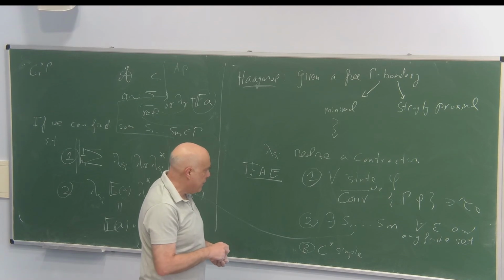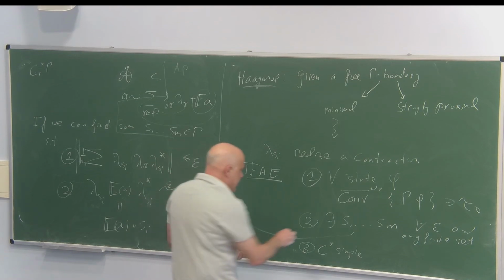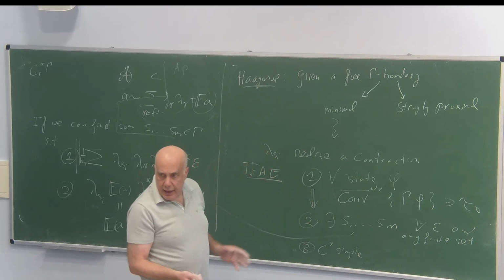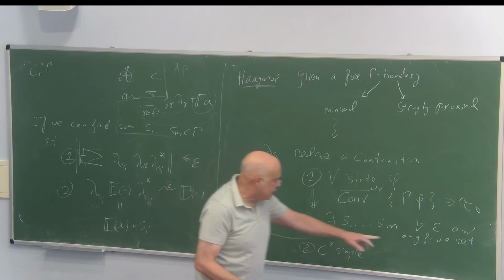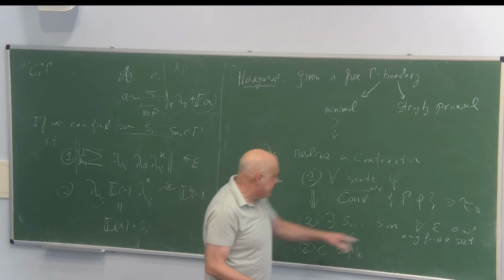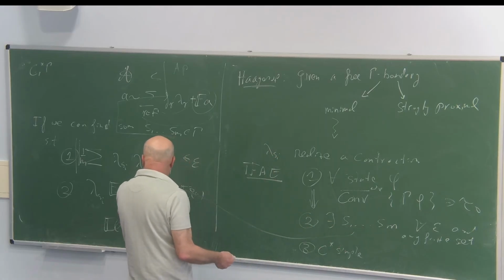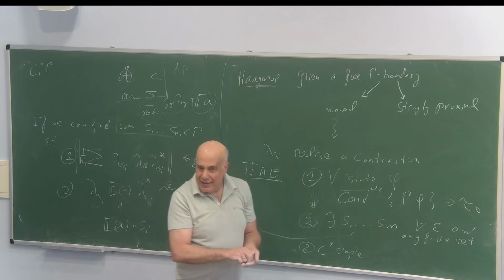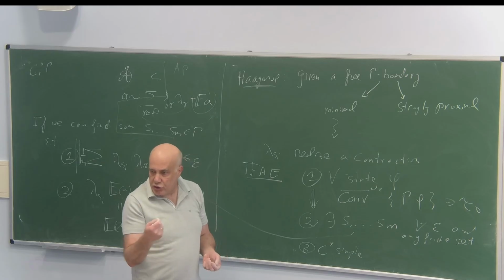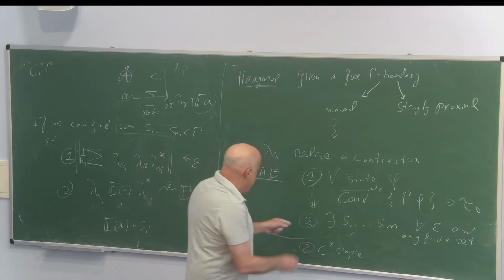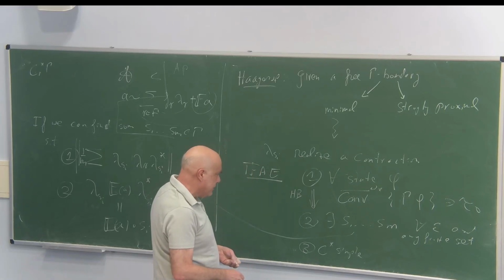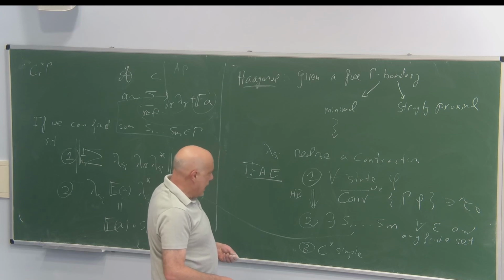And this implication is basically just a Hahn-Banach type argument. If you can't converge to the identity, there is some state separating their convex closure from the identity. So this is just a type of Hahn-Banach argument.